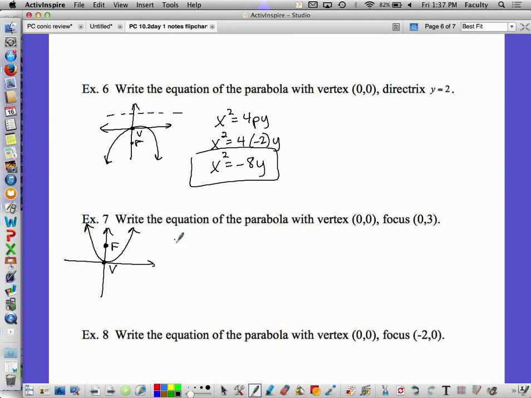So this one opens up. For example 7, do you get x squared equals 12y? Yes? All right, last one.